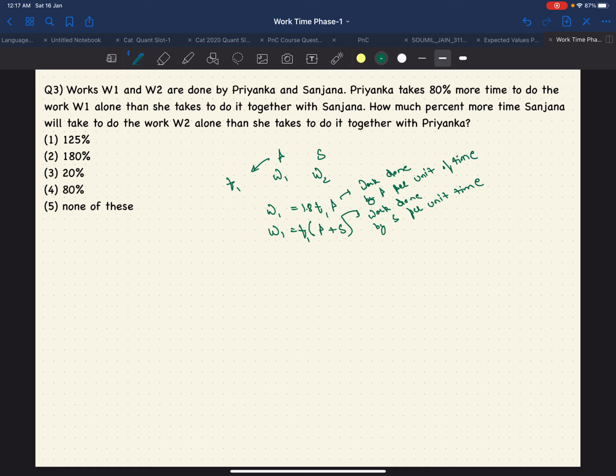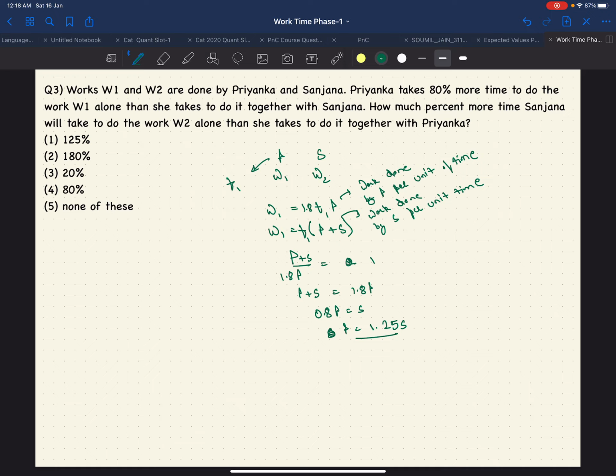Dividing the first equation by the second one, we get P plus S upon P is nothing but 1.8 upon 1. So P plus S equal to 1.8 P. 0.8 P is S. Therefore, P is 1 upon 0.8 of S, which is 1.25. So P is 1.25 S.